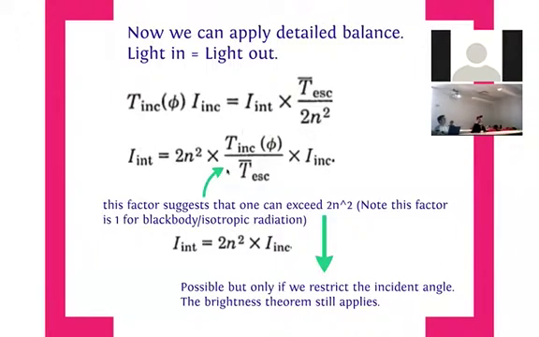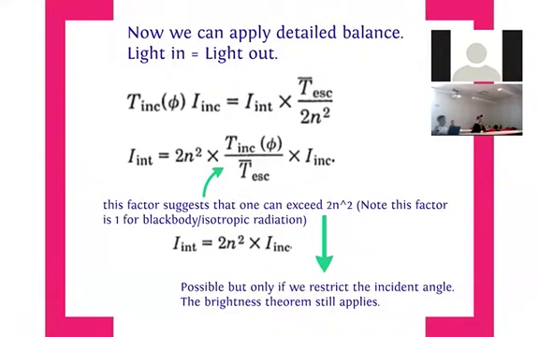Now we see an extra factor, t incident divided by t bar escape, which suggests that one can go larger than 2n squared. For a perfect black body with isotropic radiation, this is 1, and it comes back to the original equation with the 2n squared term.